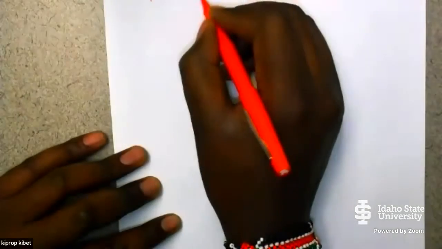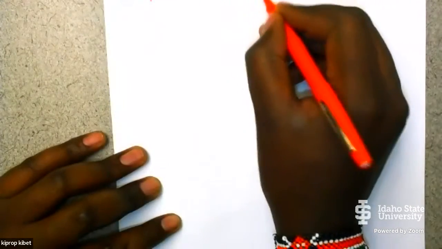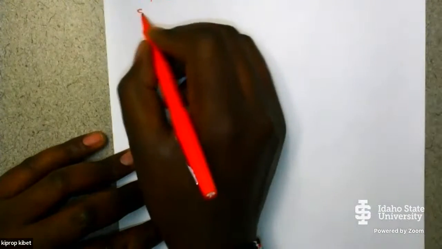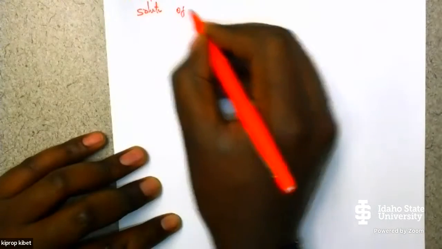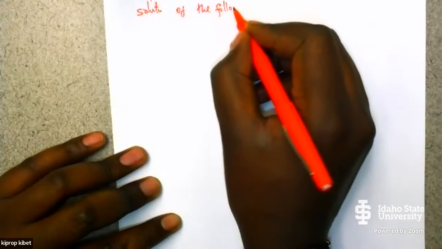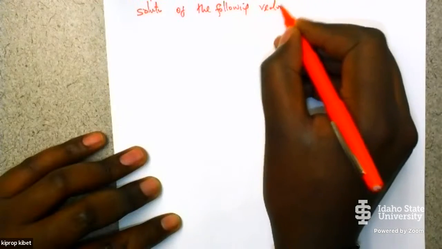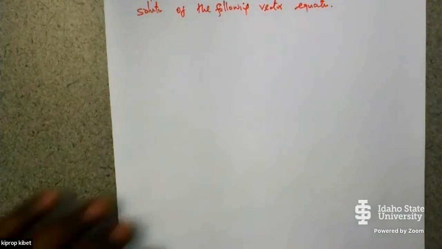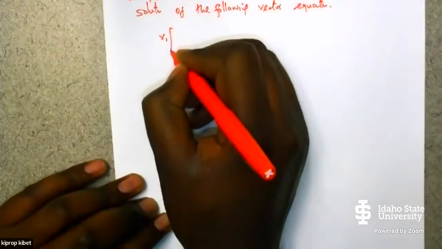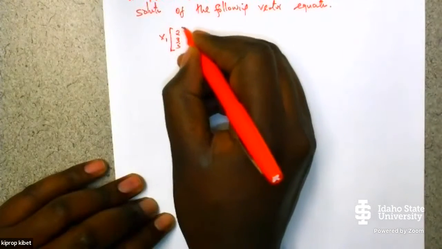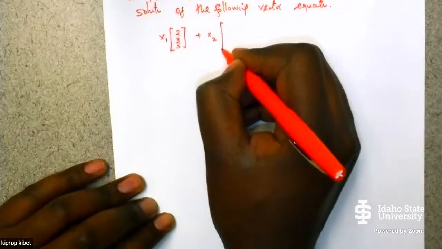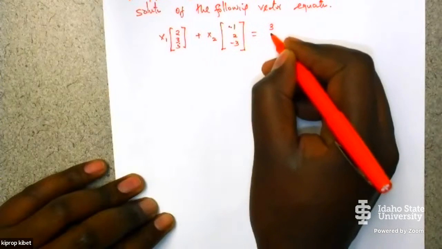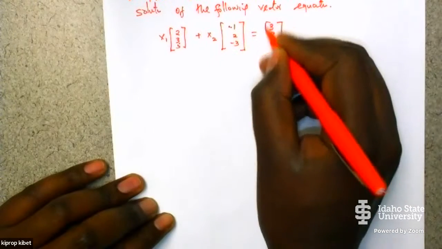Show that x1 equals 2 and x2 equals 1 is a solution of the following vector equation: x1 multiplied by (2, 3, 5) plus x2 multiplied by (-1, 2, -3) equals (3, 8, 7).